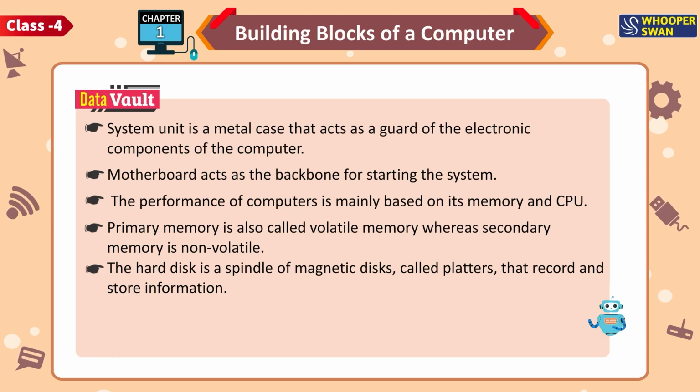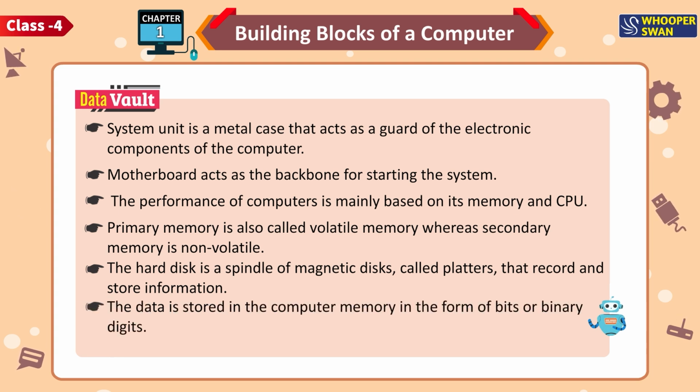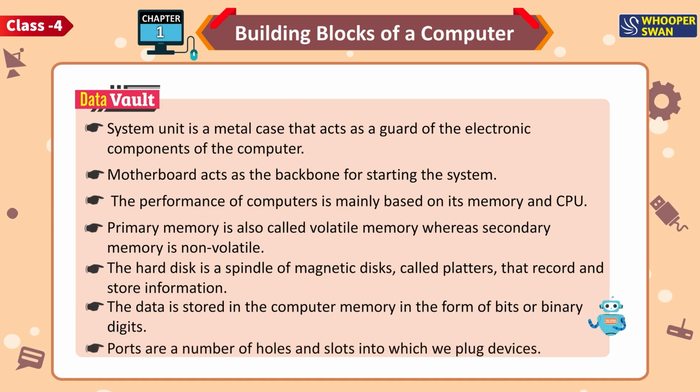The hard disk is a spindle of magnetic disks, called platters, that record and store information. The data is stored in the computer memory in the form of bits or binary digits. Ports are a number of holes and slots into which we plug devices.